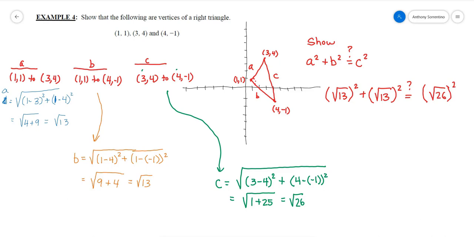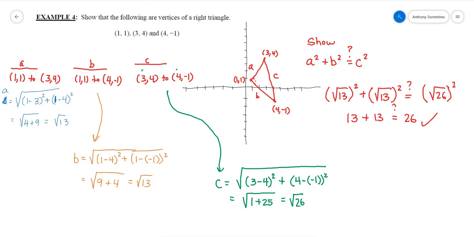These are pretty easy because if I square square roots, all that happens is the square root and the square cancel. So I have 13 plus 13 on this side. Does that equal 26? Well, yeah, it does.